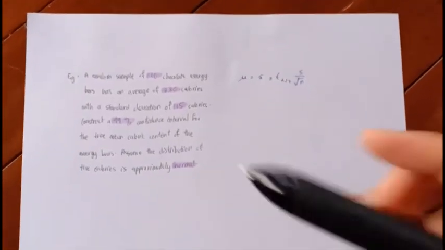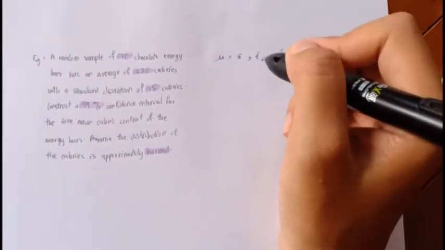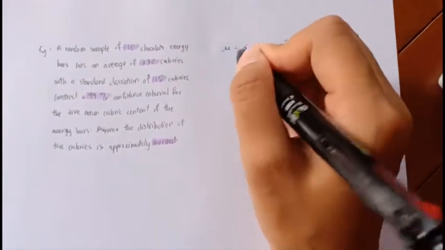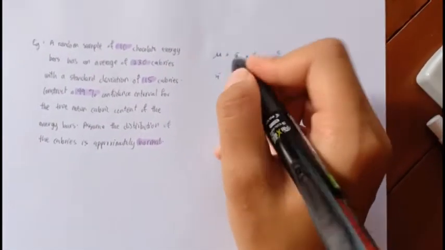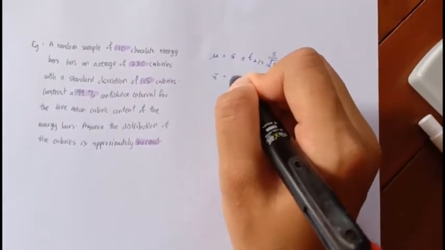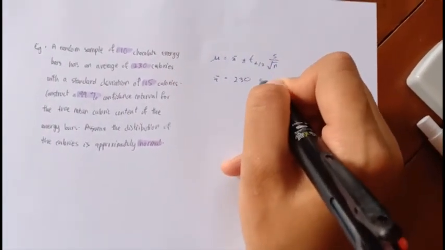Okay, firstly we will have to take out the important values first. So the x bar, the mean, is 230 calories.